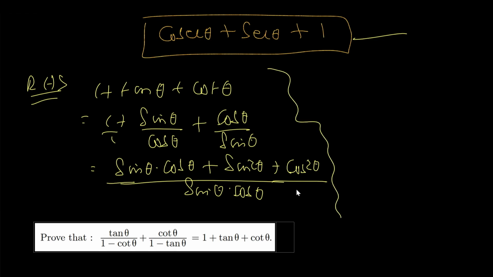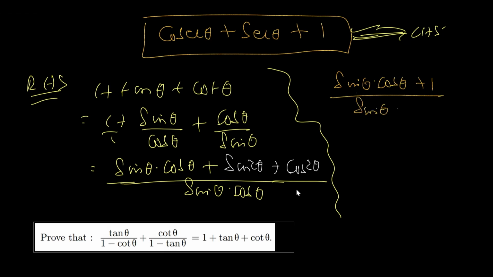Right. So now keep in mind that this is our LHS. Now what you can figure out, in the same way, we can write this sine square plus cos square as what? I can write this as 1. And then if I write them by splitting, that means we have sine theta dot cos theta plus 1, and that whole divided by sine theta dot cos theta.